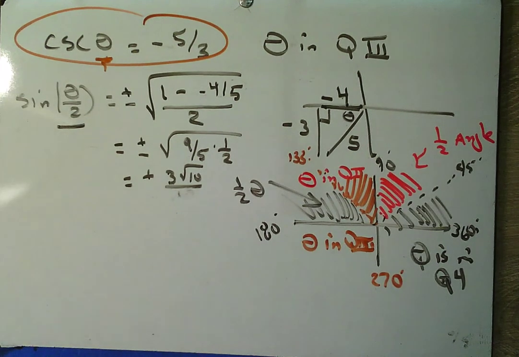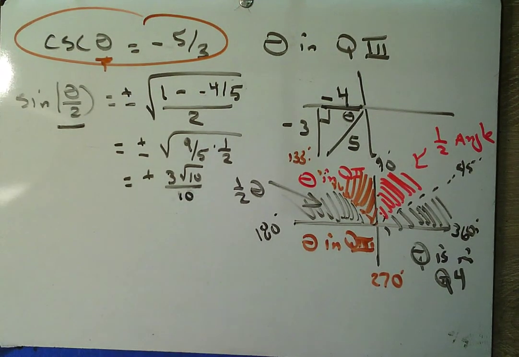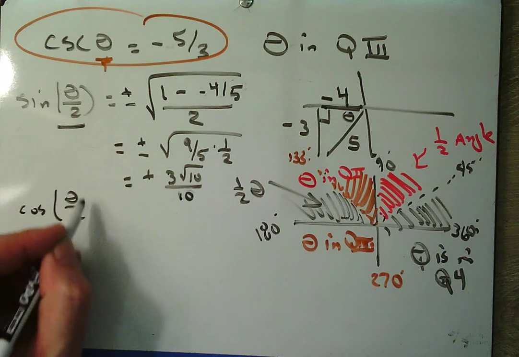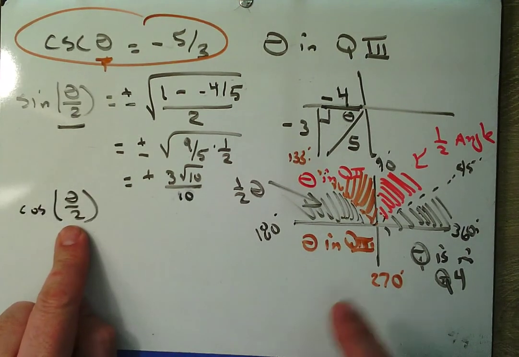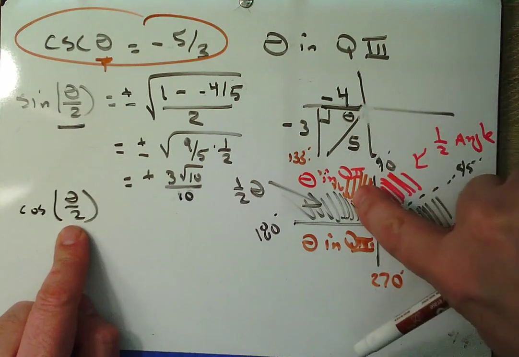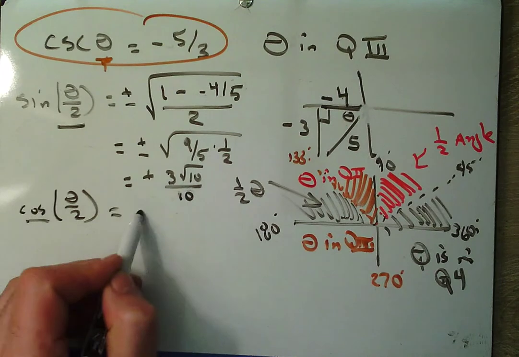Okay, so we did the sine half angle and got positive 3 root 10 over 10. But what about the cosine half angle? Cosine theta over 2. Well, we know half of our third quadrant theta lives here in second quadrant, and cosine is negative there.